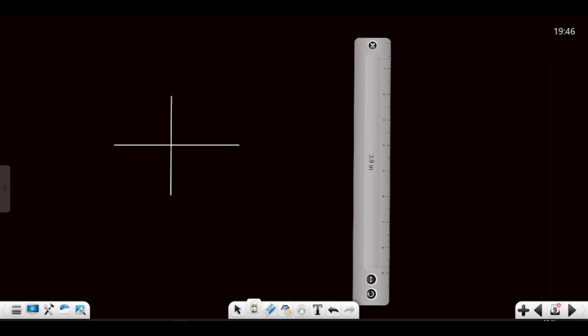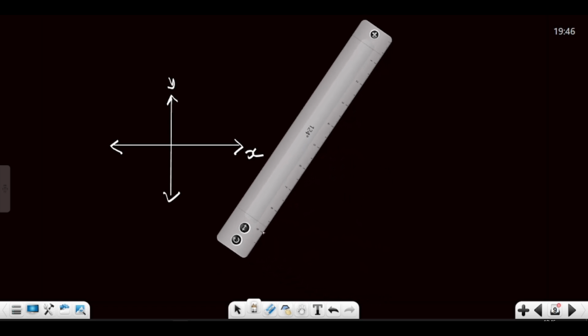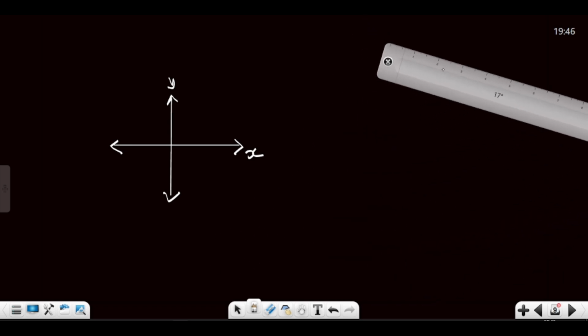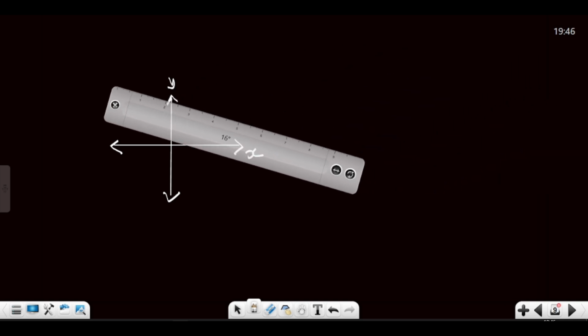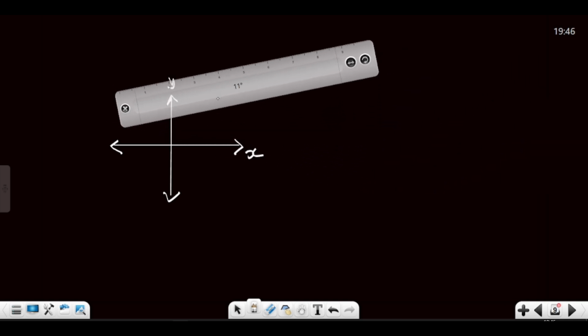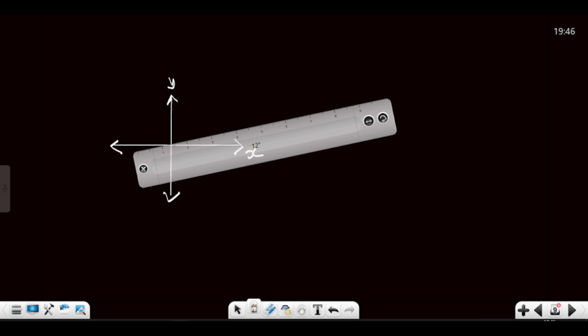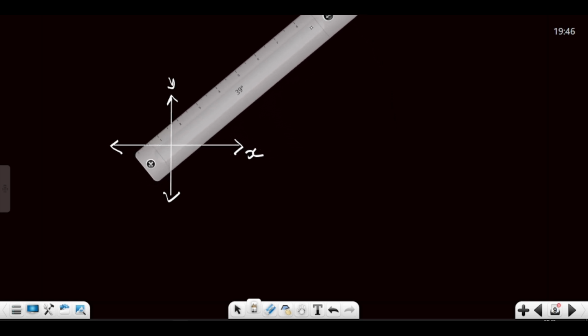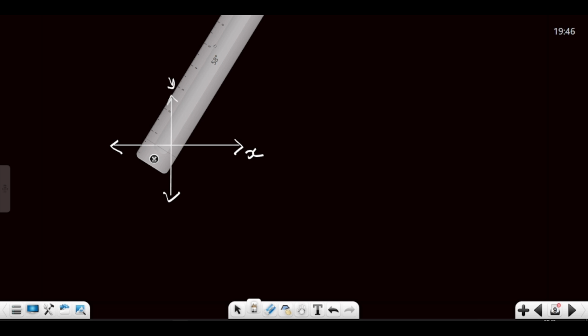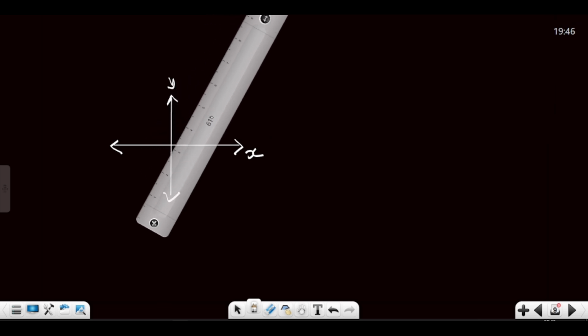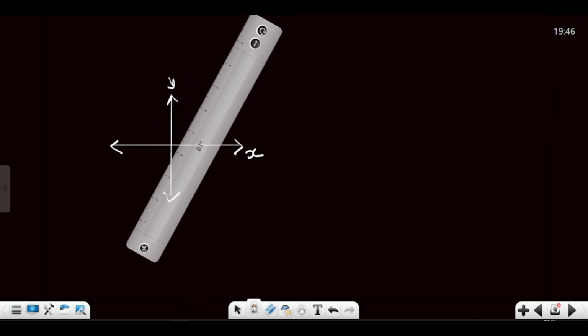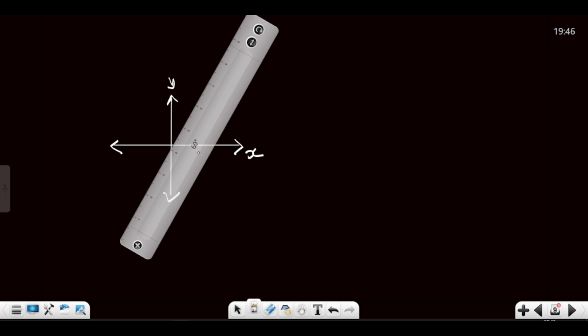In this question, this is the y-axis, this is the x-axis.